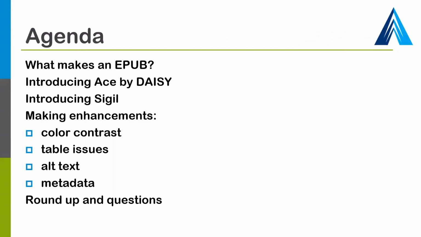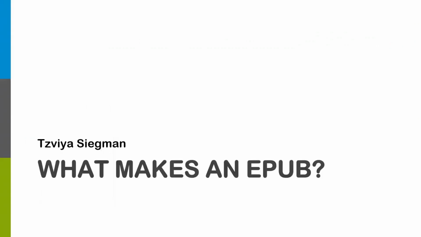And then Joseph will identify and resolve problems with alt text and metadata. And finally, I'll tell you about that companion resource to guide you through getting started and making your first edits on a sample EPUB that we've provided for you. And then, of course, at the end, we'll be leaving time for questions and comments. So I'll turn over now to Svea, who will explain what makes an EPUB.